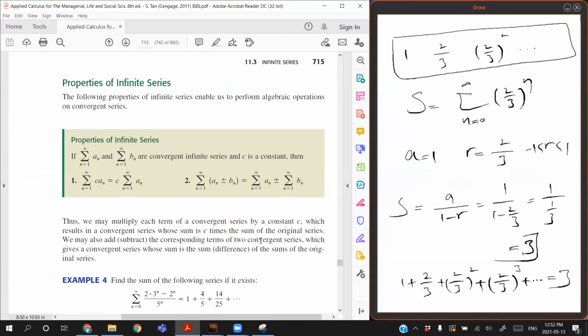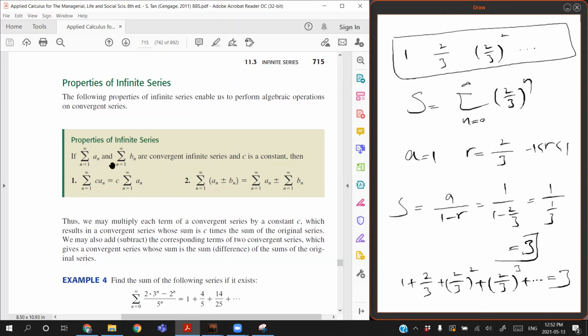Now, a few properties of infinite series, and you have seen these properties for finite series. If you have a finite summation, we know that if you have a C, and that C is a value that does not depend on n, you can bring it out of the summation. With infinite series, you still have the same property as long as the two series, sigma an and sigma bn, are convergent.